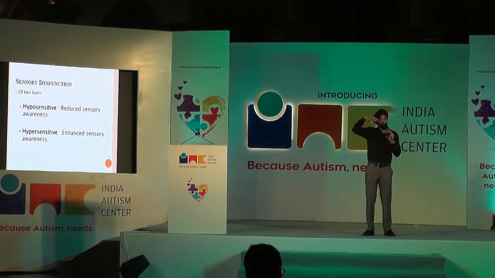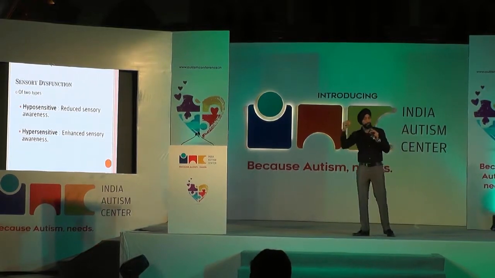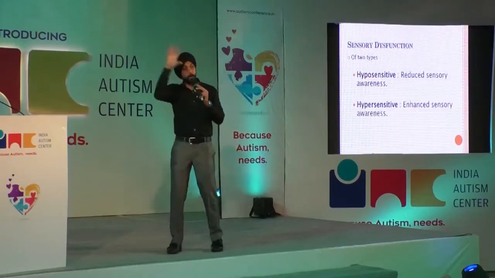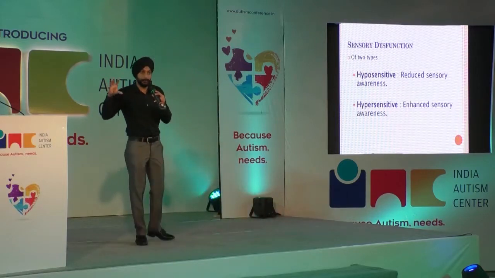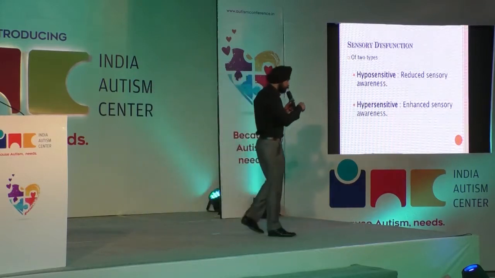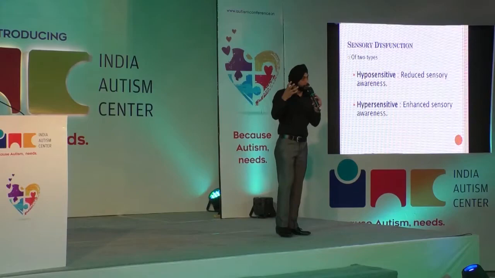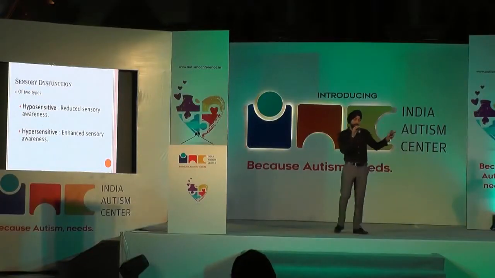If the intensity of the input is so high that the brain is not able to process it, or the intensity of the stimulus is so low that the brain still is not able to process it, this is termed sensory dysfunction.